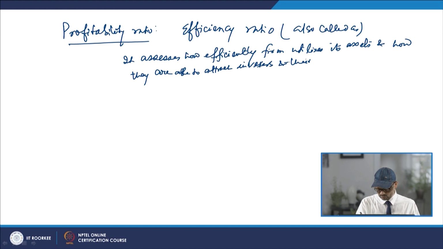For that, these profitability ratios, or efficiency ratios, are calculated.